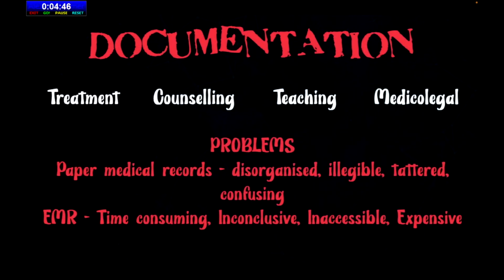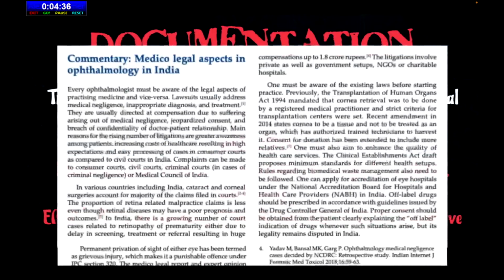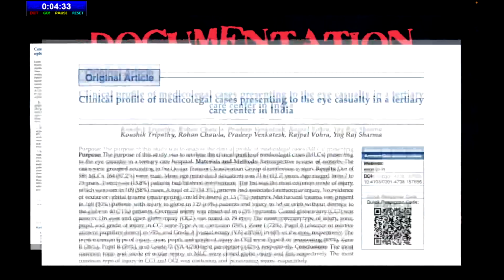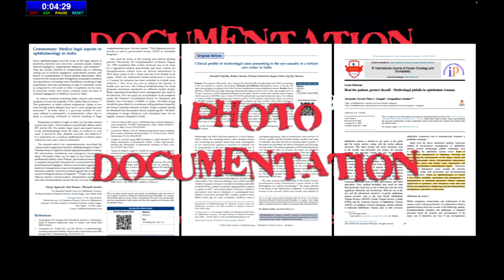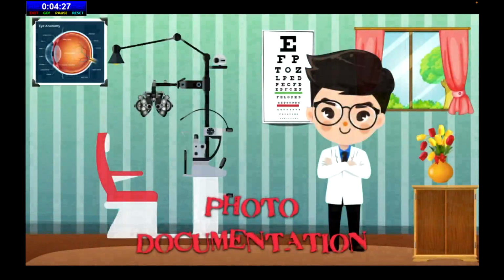And we know that paper medical records, handwritten, are very difficult, disorganized, illegible, and EMR takes time to document, and also the next person who sees it is not able to comprehend what is written properly. And there are articles that documentation should always be supported by photo documentation.